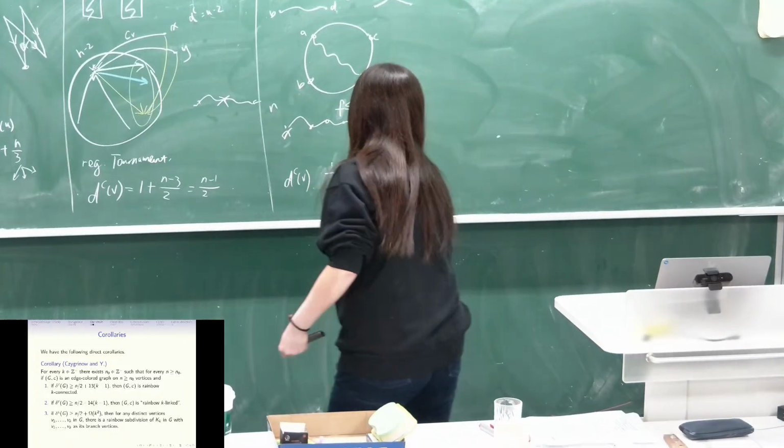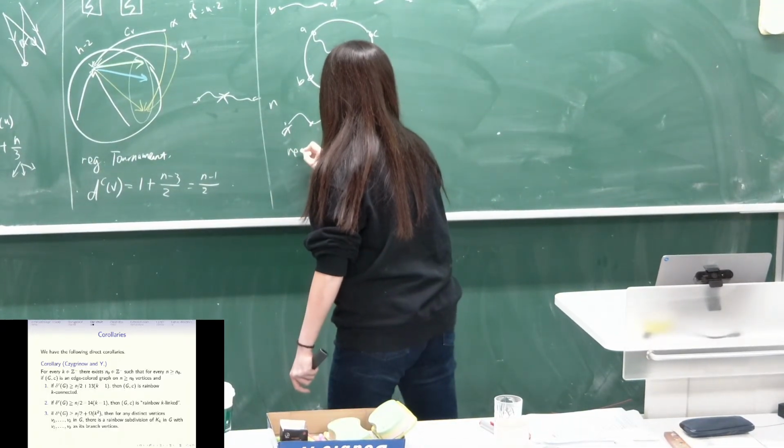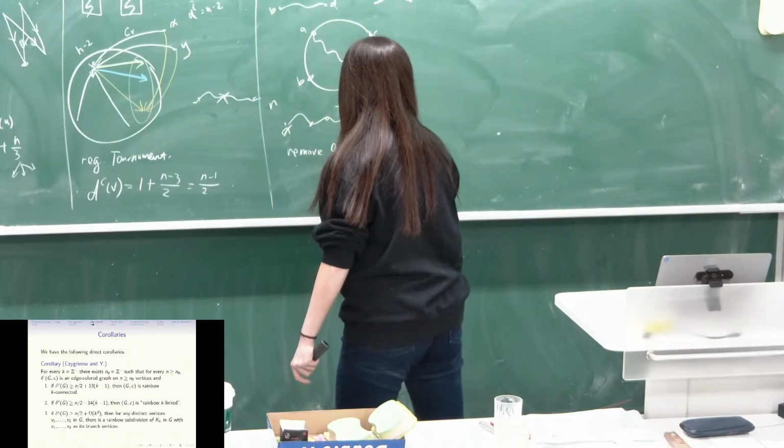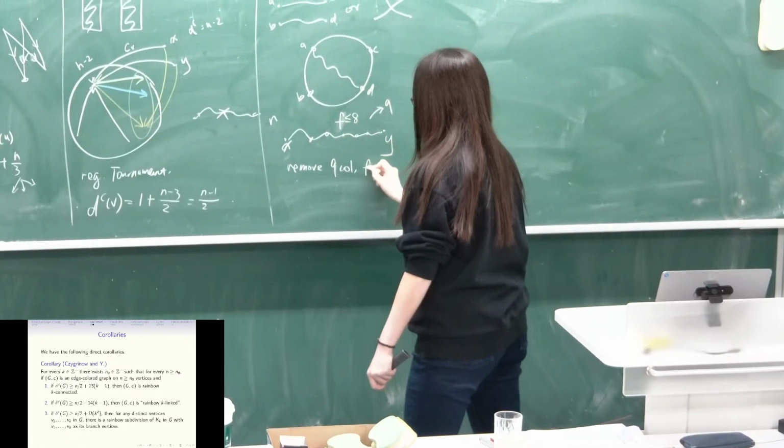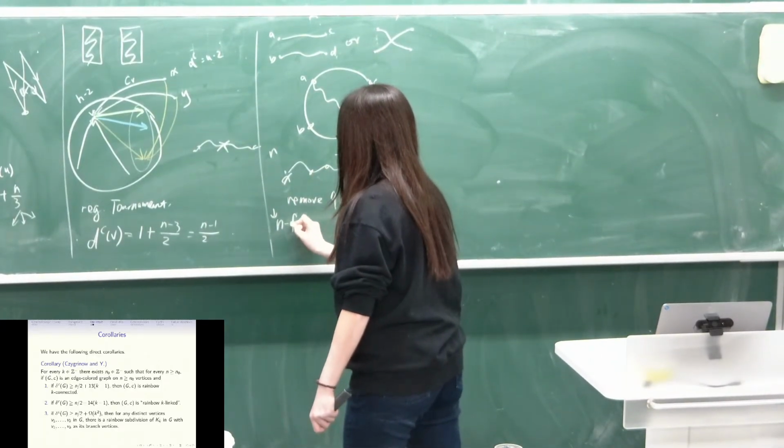Sorry, so let me do it again. So remove those 9 colors and also those f vertices. Now in the new graph, there are n minus f vertices.